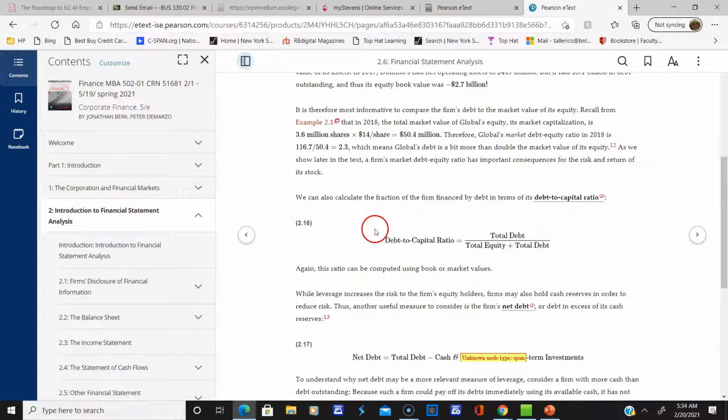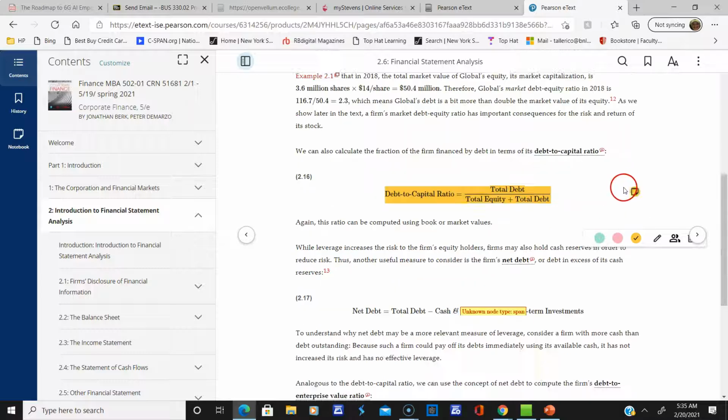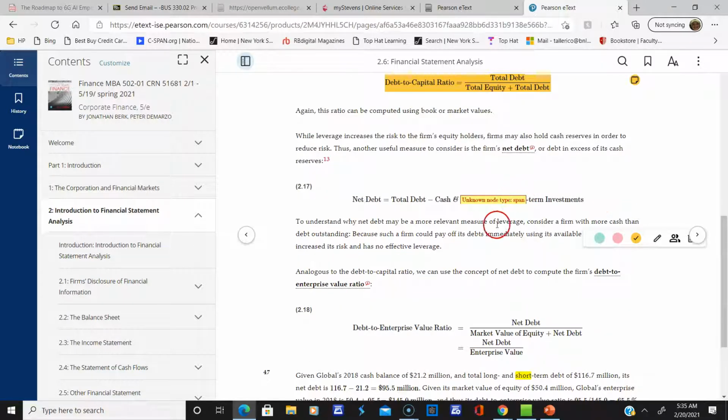All right, so again, now here's the next one, and that is the debt to capital ratio. So this is your total capital, right? Debt over total equity plus total debt. Again, that's balance sheet, right? And I don't know what happened here, but there's a problem with this. I don't know what this means.